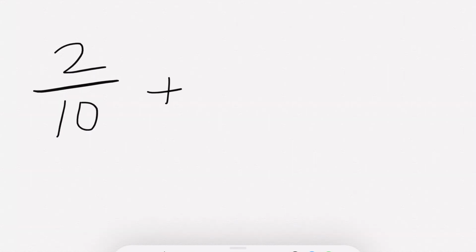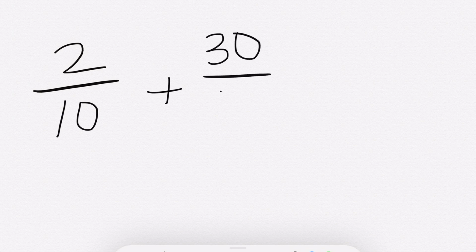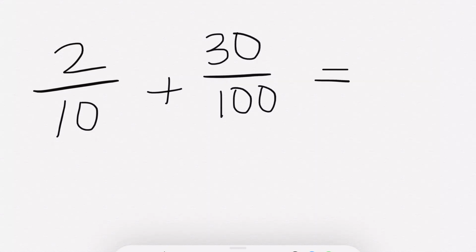Okay, so now that we know how to write equivalent fractions as tenths and hundredths, we can actually start adding. So I'm going to give you an example. We're going to add 2 tenths plus 30 hundredths. Now the trick is, I know that I cannot add my fractions unless they have the same denominator. And I see here that my denominators are not the same.